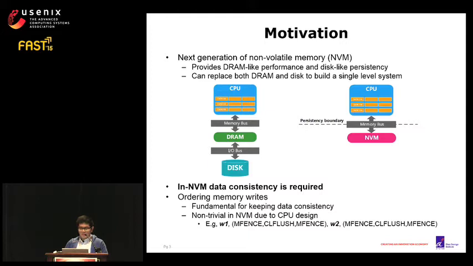On the other hand, the cacheline flush instruction, clflush, can explicitly invalidate the corresponding dirty CPU cachelines so that they can be flushed to NVM by the CPU, which makes the memory write persistent eventually. For example, if you want to make sure write 1 finishes before write 2, we can issue the writes with the combination of mfence and clflush in such a way.